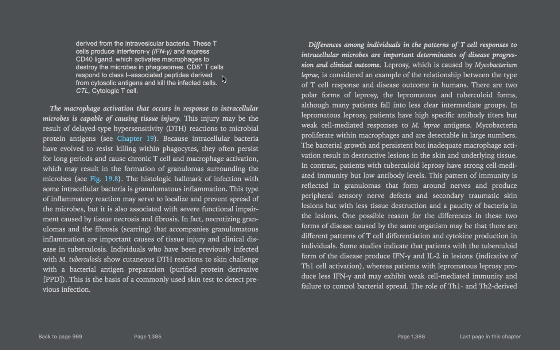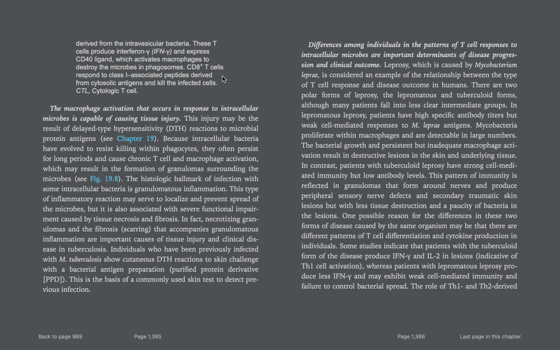Some studies indicate that patients with the tuberculoid form of the disease produce interferon gamma and interleukin 2 in lesions, indicative of T helper 1 cell activation, whereas patients with lepromatous leprosy produce less interferon gamma and may exhibit weak cell-mediated immunity and failure to control bacterial spread.